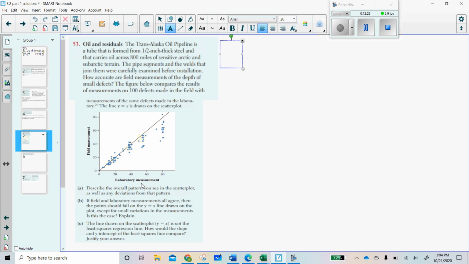So we kind of have defects in the lab, defects in the field. Let's describe the overall pattern. Remember, pattern is really another word for form. So I would say there is a positive linear association between the two variables. It's not particularly curved. It's fairly linear.